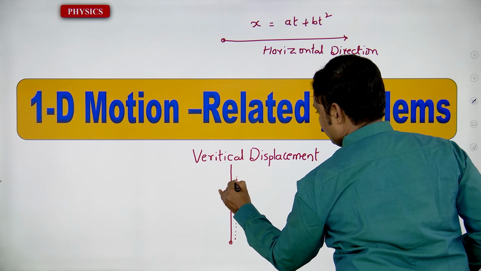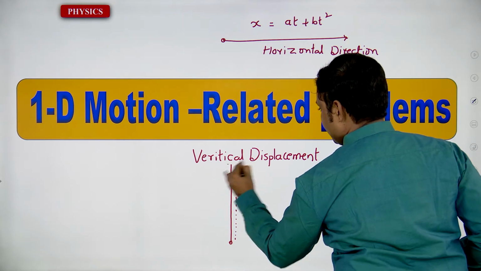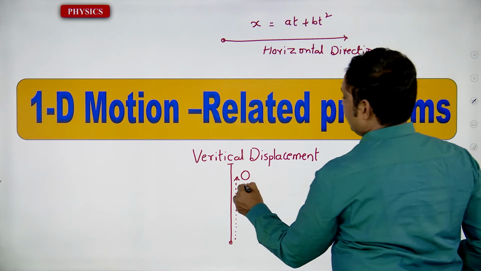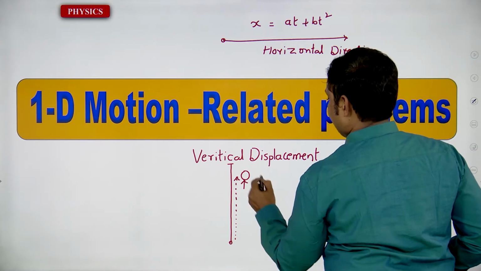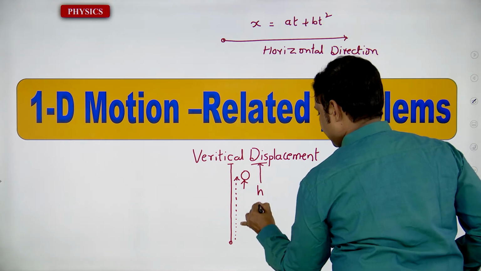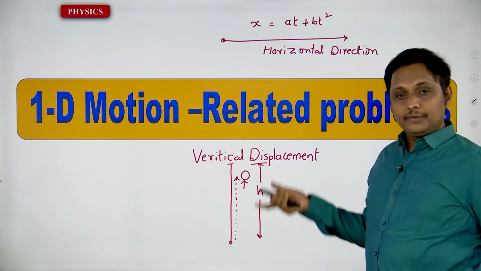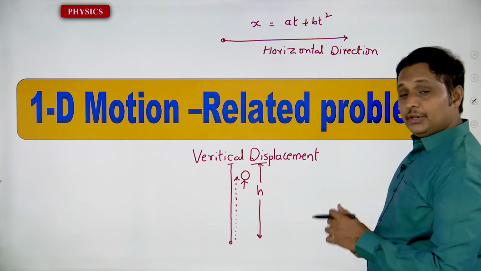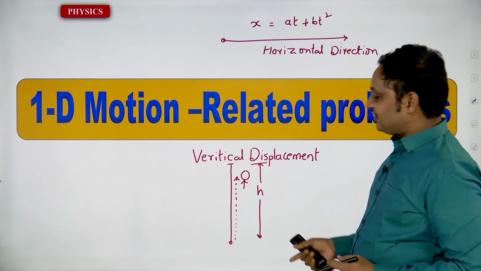You are supposed to identify that there is one object. Does it cover the height h? If it has been thrown up, you have to take the boundary conditions.